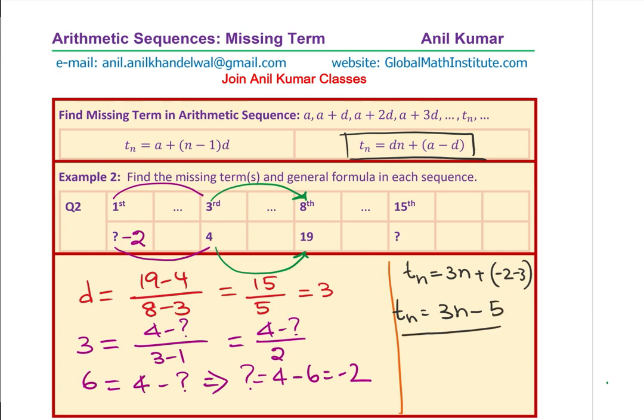Correct? That is how we are going to use it. Now we can find the 15th term. So you can write T15 is 3 times 15 minus 5. Perfect. So which is 45 minus 5, and that is equal to 40. So we get this value as 40. Perfect. That is how very easily you can solve these questions. Does it make sense to you?